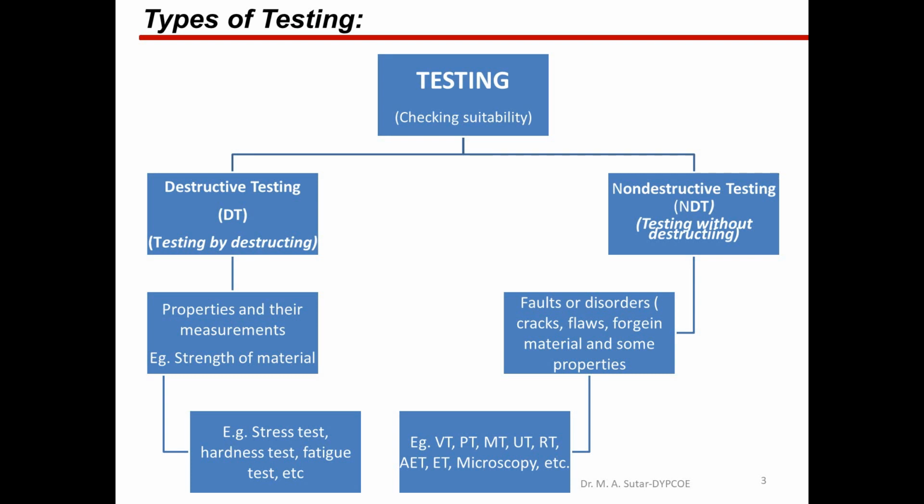But non-destructive testing is mainly employed for detecting the disorders or faults like cracks, flaws, foreign material, etc. The well-known destructive testing methods are stress test, hardness test, toughness test, fatigue test, etc. For non-destructive testing, we have VT, PT, MT, UT, RT, AET, ET, etc.